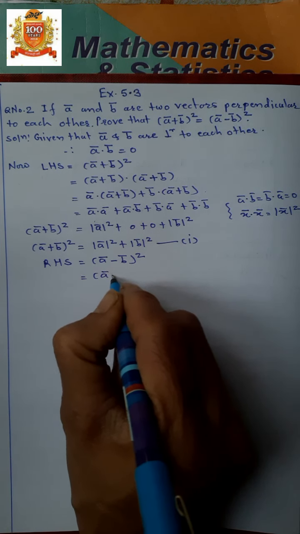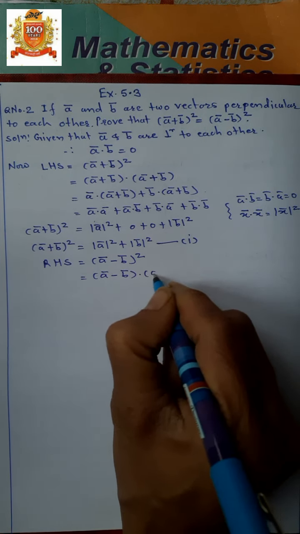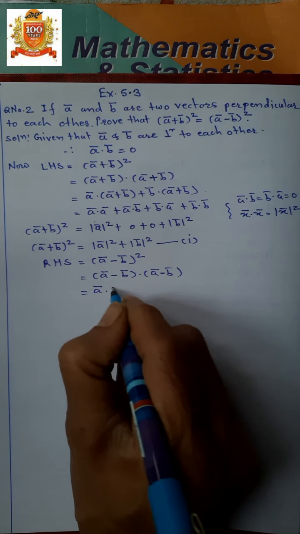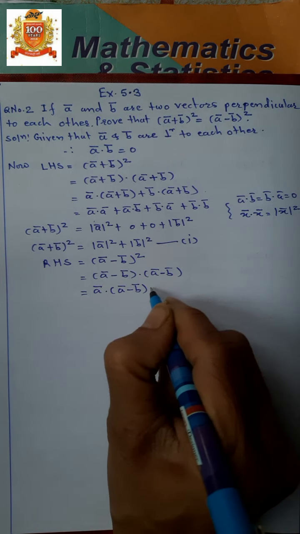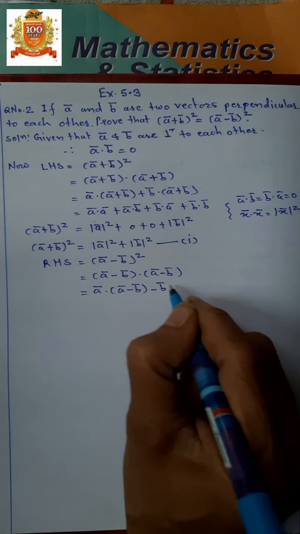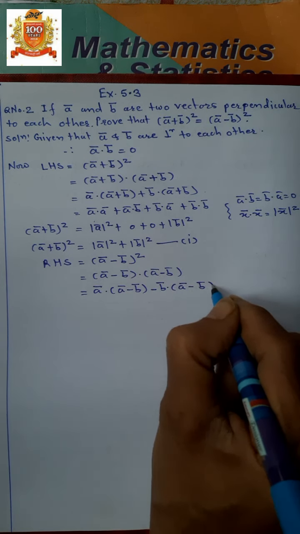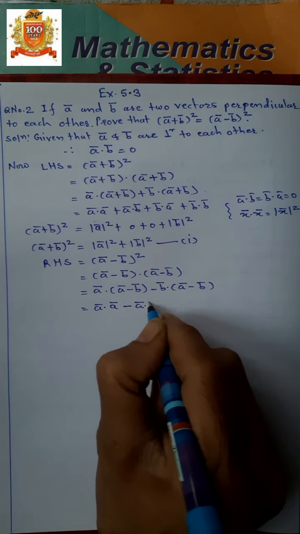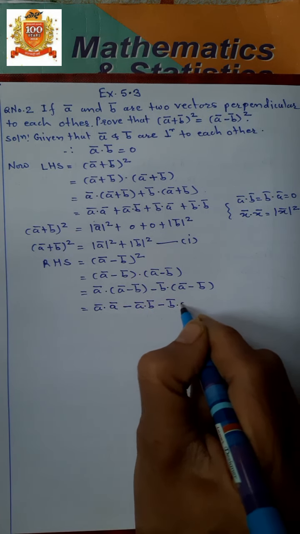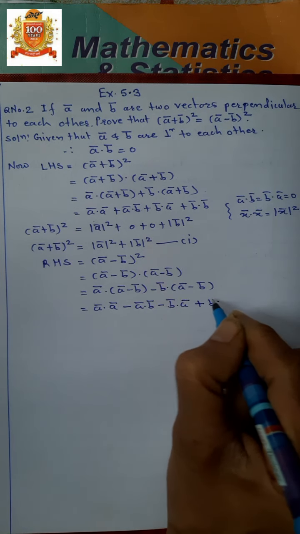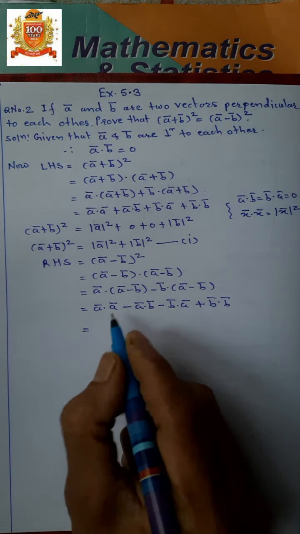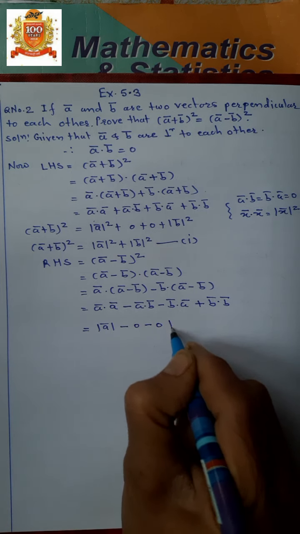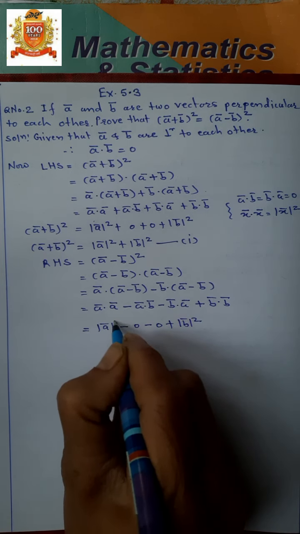This can be written as (a bar minus b bar) dot (a bar minus b bar), which is equal to a bar dot (a bar minus b bar) minus b bar dot (a bar minus b bar), which is equal to a bar dot a bar minus a bar dot b bar minus b bar dot a bar, minus minus becomes plus b bar dot b bar, which is equal to mod of a bar square minus 0 plus mod of b bar square.